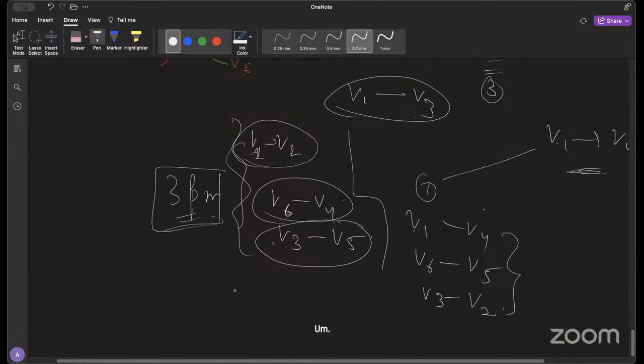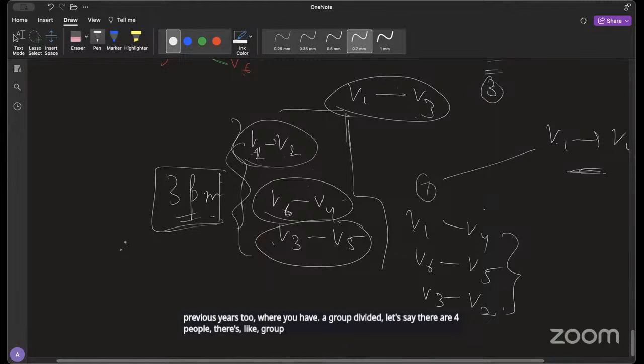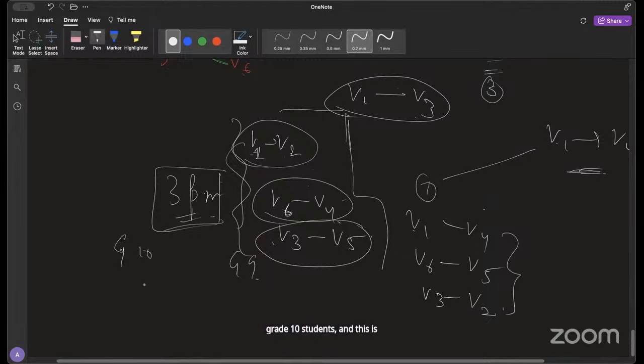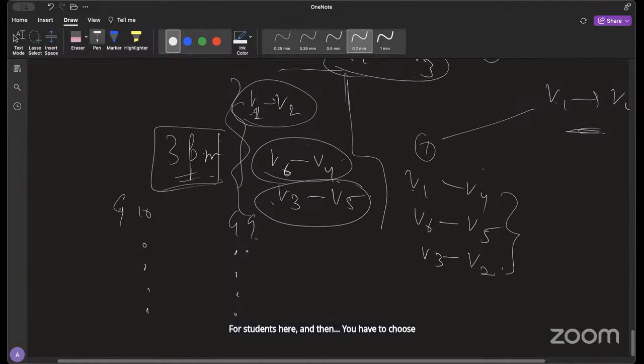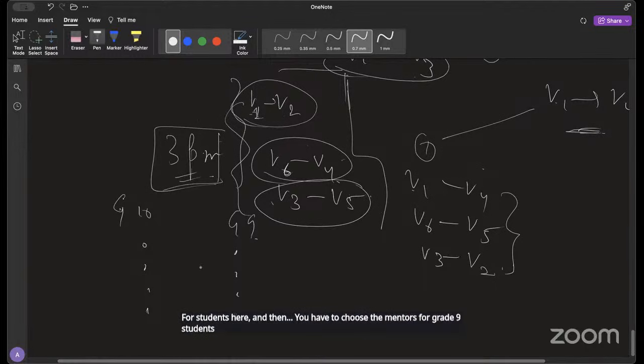Now the question that you might see in exam, and similar questions are there in your previous years too, where you have a group divided. Let's say there are four people. There's like group divided here. This is, let's say, grade 10 students, and this is grade 9 students. Let's say there are four students here, four students here, and then you have to choose the mentors for grade 9 students, and they have to be grade 10 students.